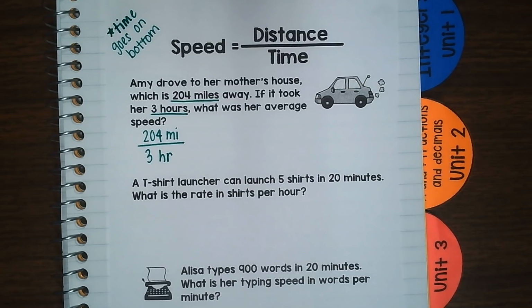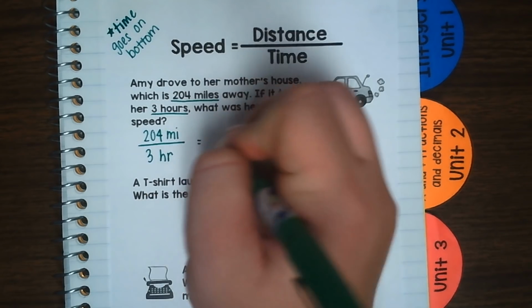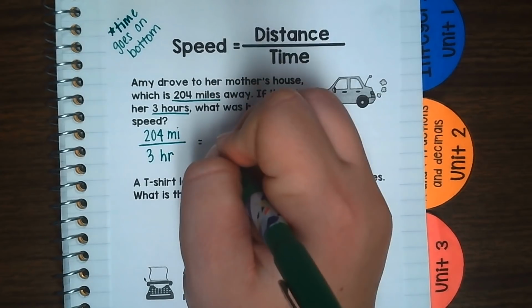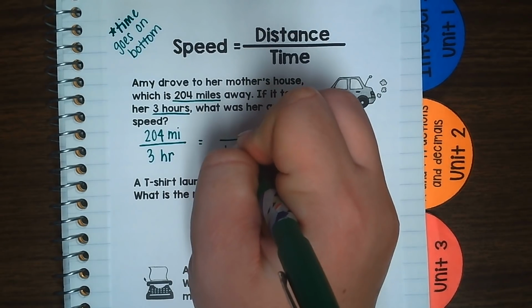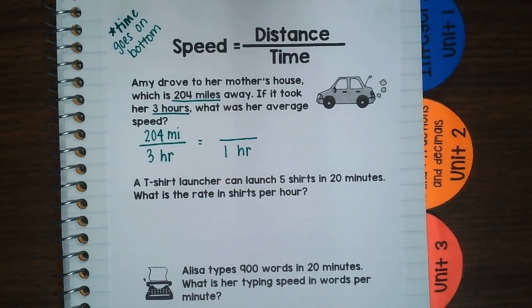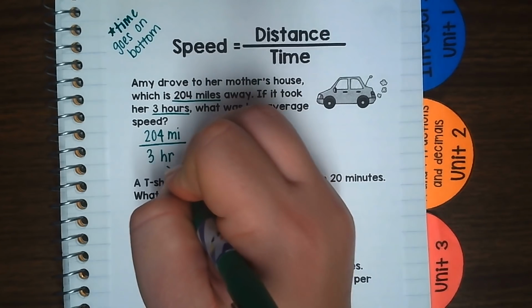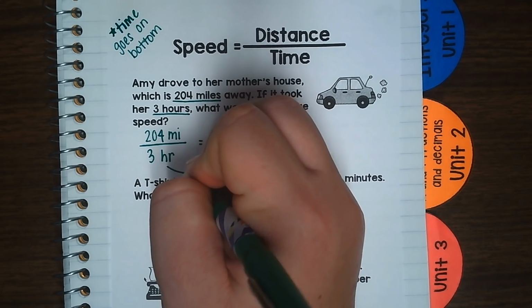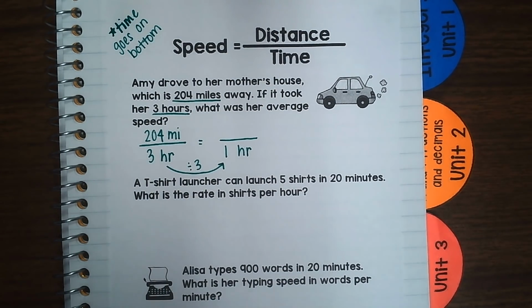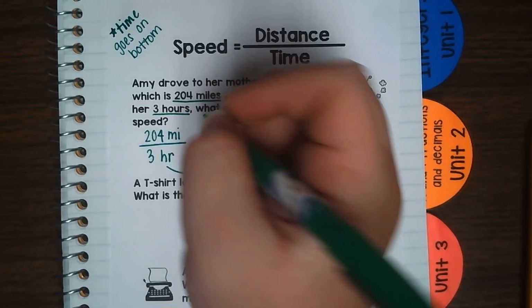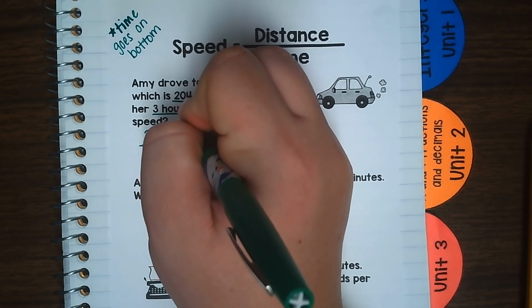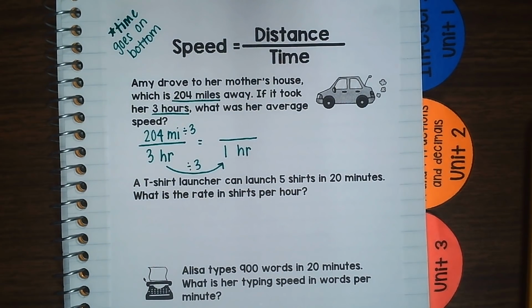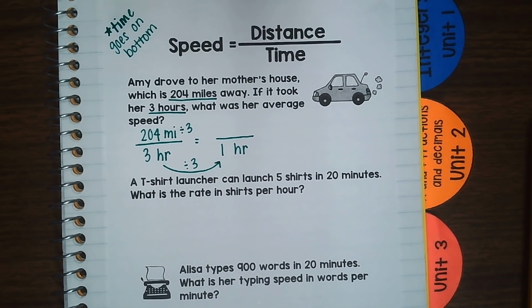So speed is generally taken in miles per hour. So we need to figure out how far did she go per hour. Well, to get from 3 to 1, we divide by 3. What we do on the bottom, we also have to do on the top. So we have to divide 204 by 3.